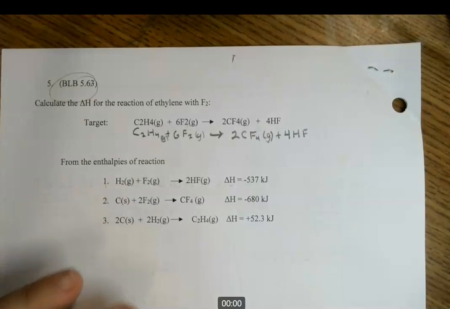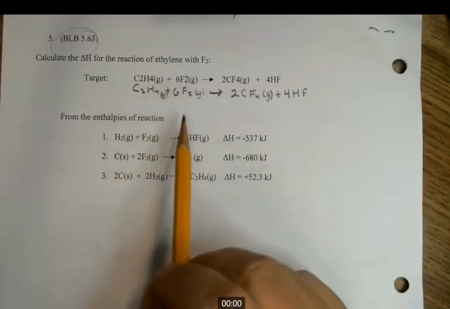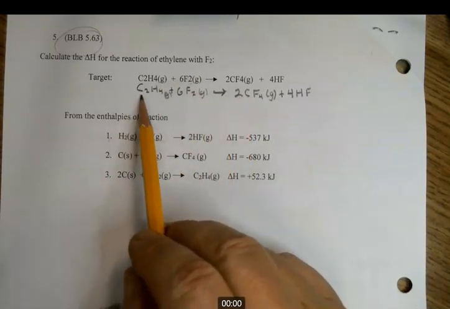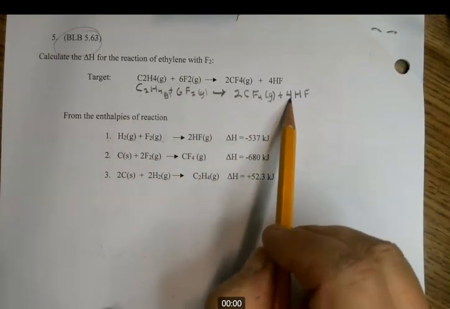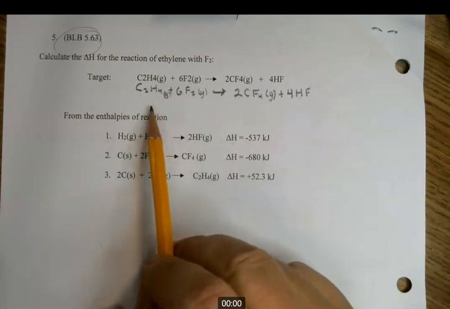Okay, so let's go ahead and balance this reaction. So we have 2 carbons and we have 2 carbons. So carbon is in balance. We have 4 hydrogens and 4 hydrogens. So hydrogen is in balance.